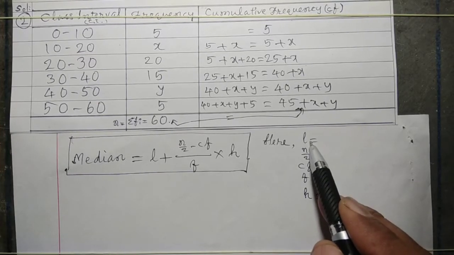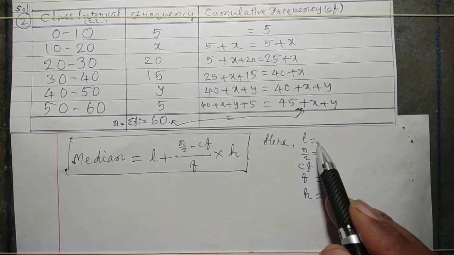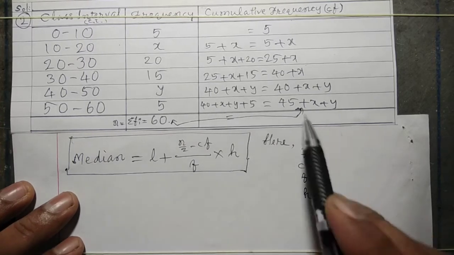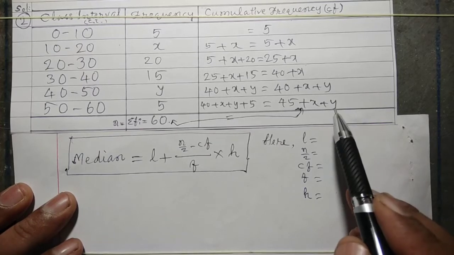L is the lower boundary of the median class. Where is the median class?